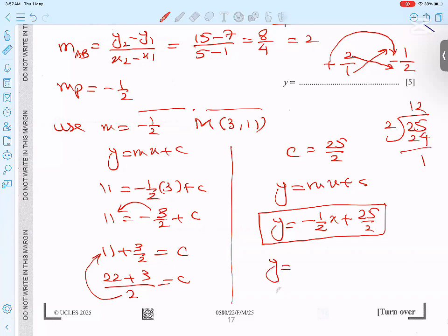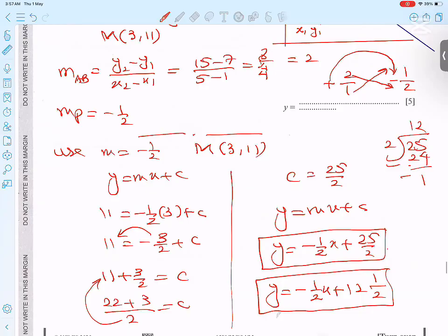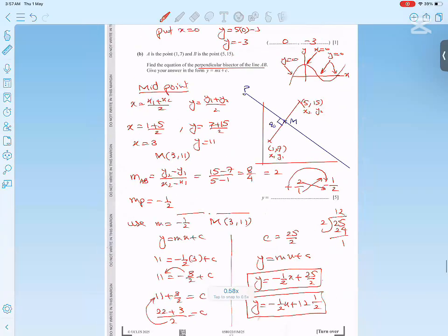So I can write one more form: this 12 comes here, this 1 comes up, and this 2 goes down. This format is also acceptable. I hope the point is very, very clear. Let's go for the next question, and this first page is completely clear.